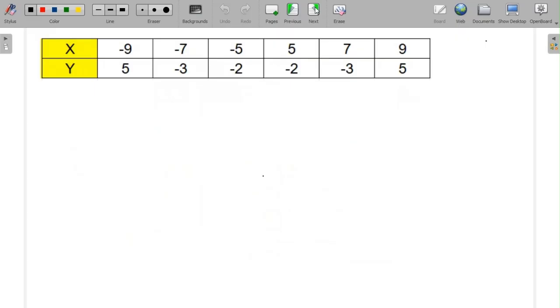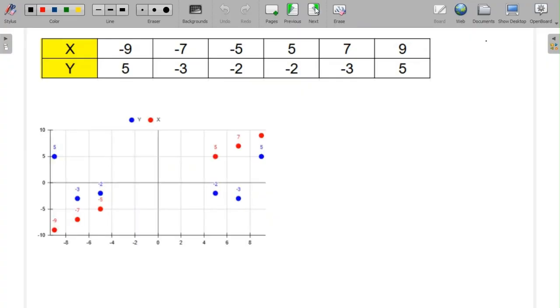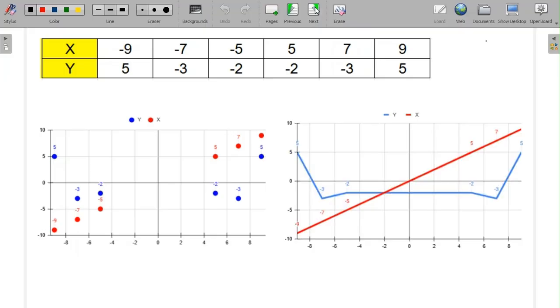The next problem is again a very small set. There are only 6 observations this time, and all observations are single-digit numbers. So let's plot them. They are kind of scattered in the plot, and if we connect the dots through a line, we see that x values keep increasing from -9 to -7 to -5 to 5 to 7 to 9.